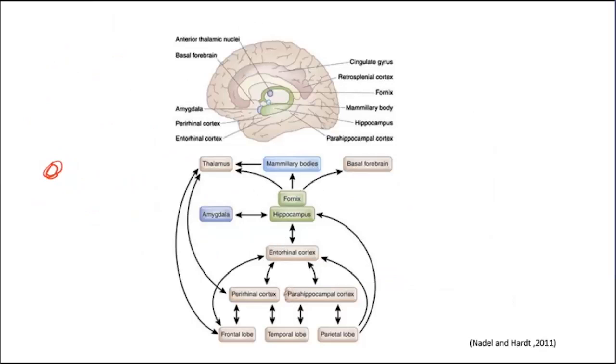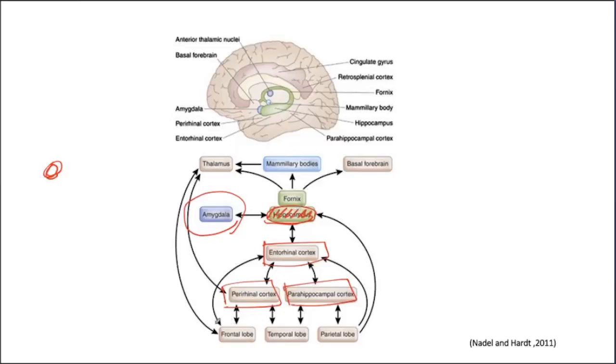We have discussed the hippocampus as a really important hub, but the amygdala definitely plays a significant role, and other parts of the brain are involved. We have discussed the entorhinal cortex and the role of the perirhinal cortex and parahippocampal cortex as gates to the entorhinal cortex and then to the hippocampus. So we discussed those features.